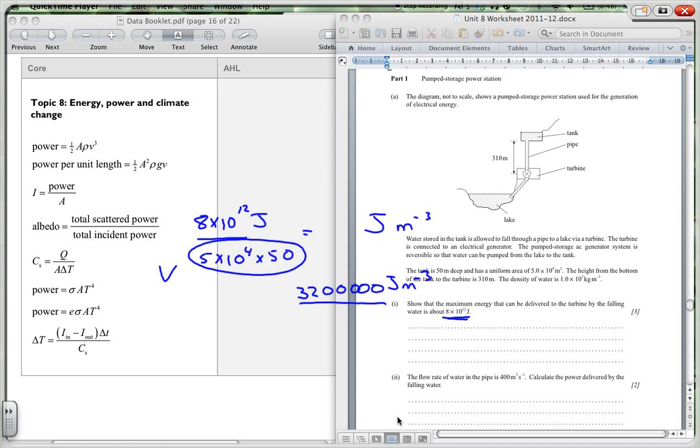So that's for every meter cubed you're developing that many joules, and we're told that we get 400 meters cubed per second.